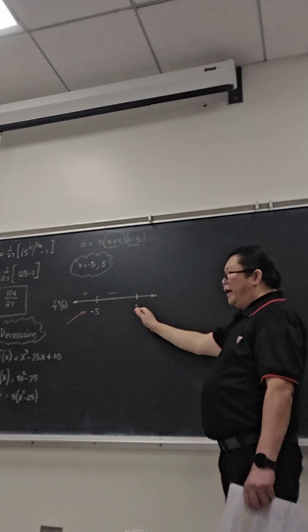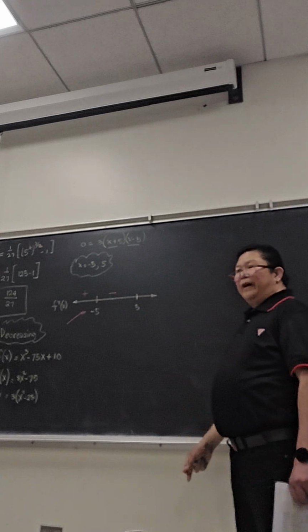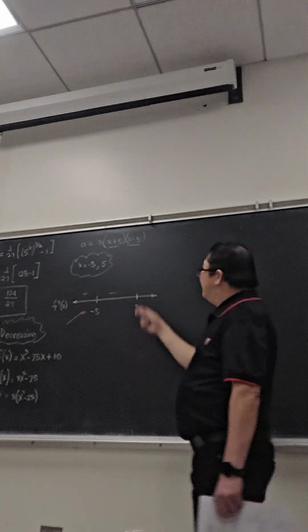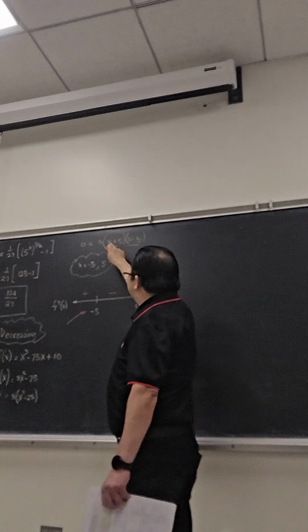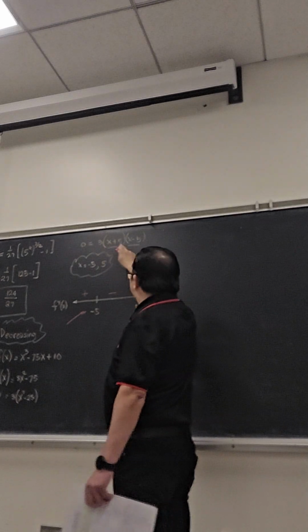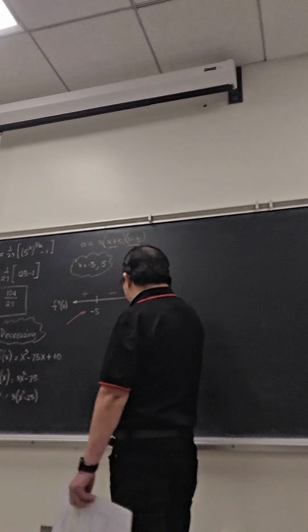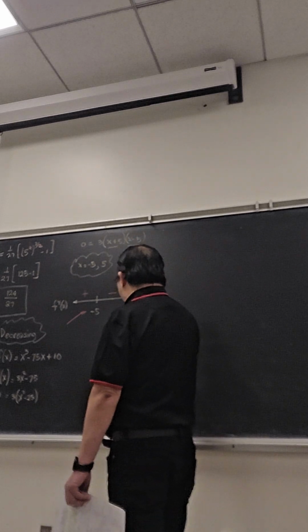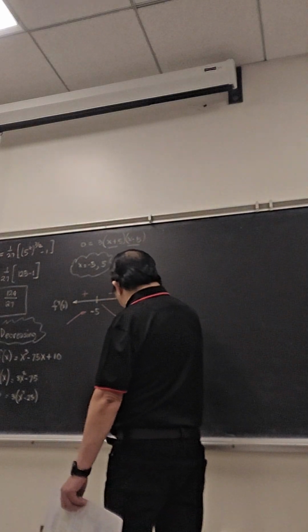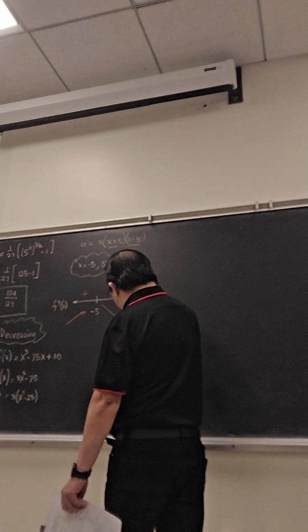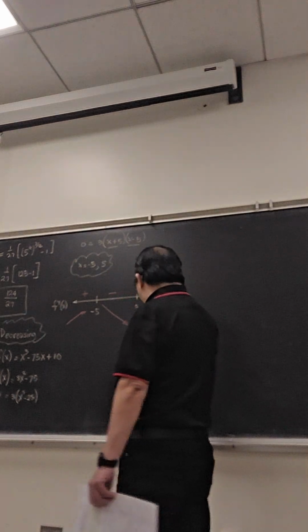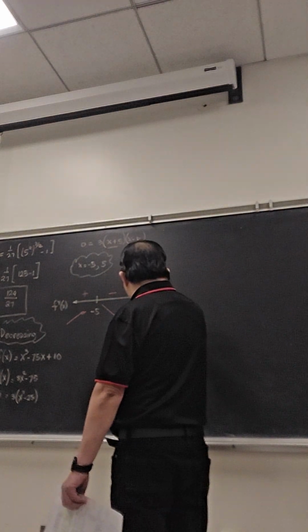Okay. Next, on the right of 5, shall we say 6? If this is 6, this is positive, right? And if this is 6, this is also positive. So positive times positive is positive. So in here, this is down, decreasing, right? But here, it's gonna be increasing.